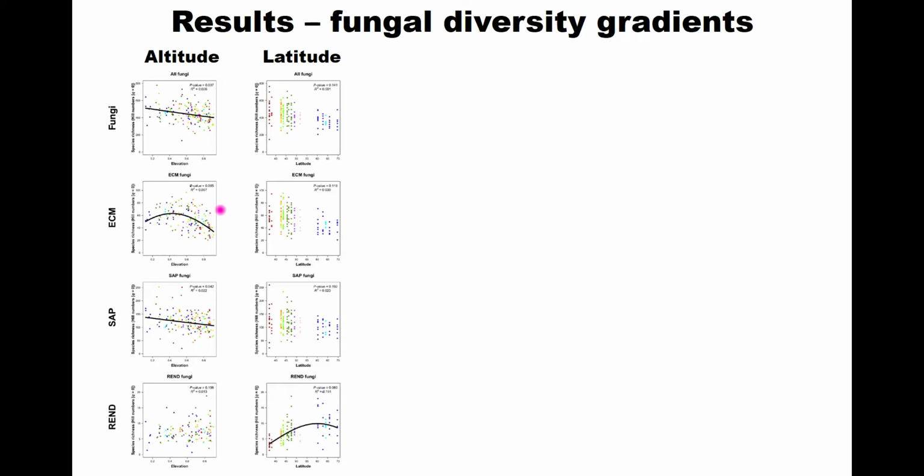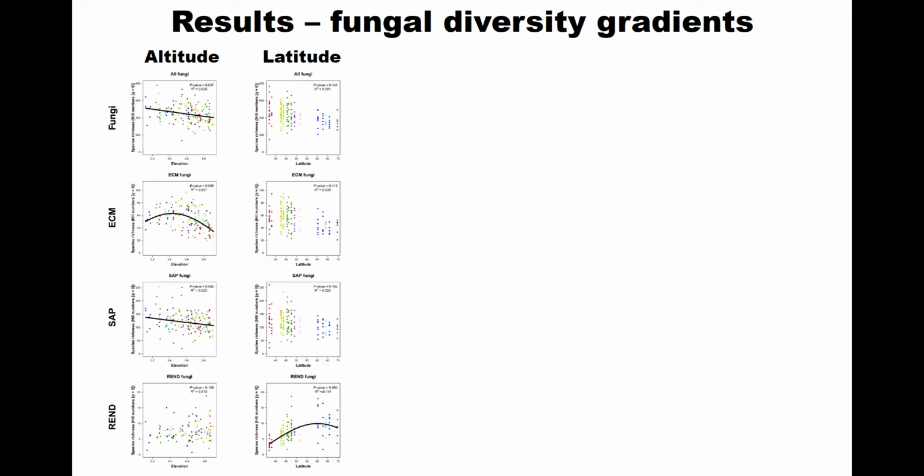And what we found out is that basically the fungal richness is changing way more along altitude than along latitude. And we see something we would expect in the case of all fungi and saprotrophs, that their diversity is decreasing along elevation.